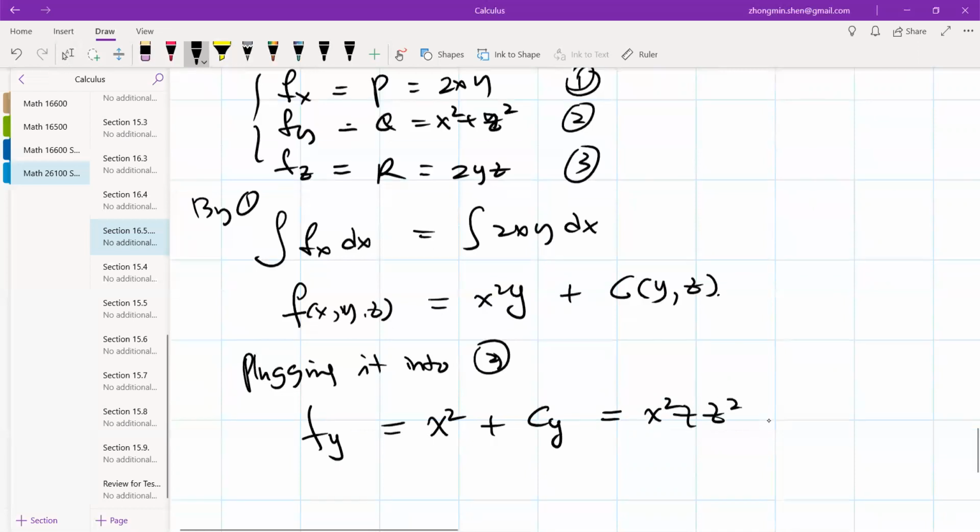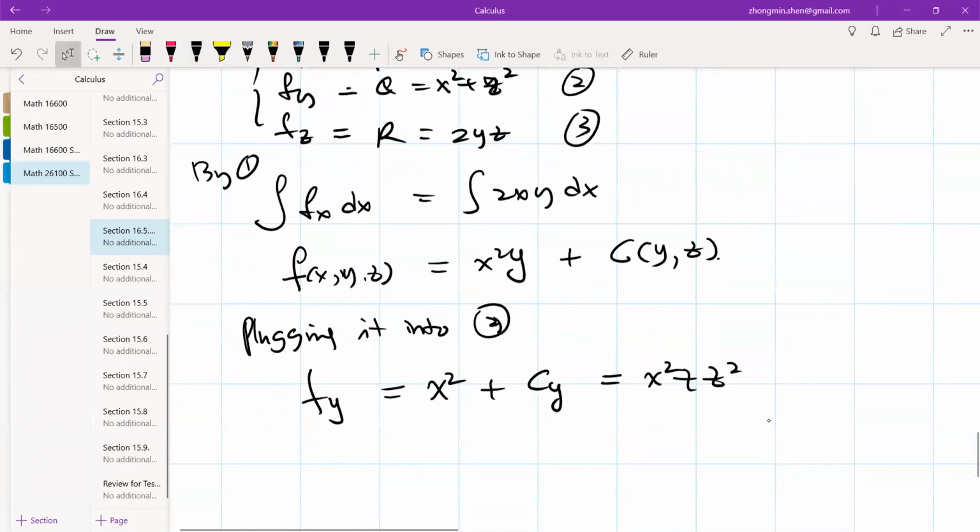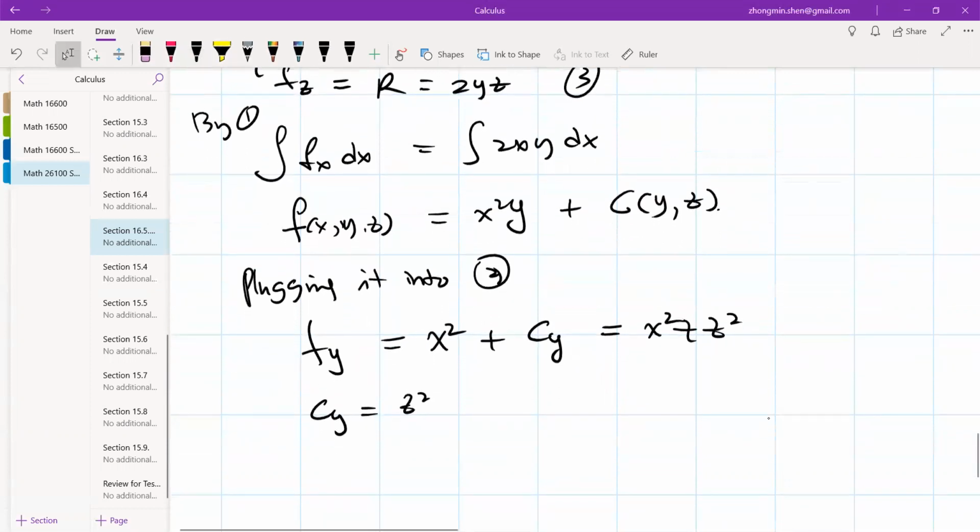Great. So c sub y is going to be z squared. Let's solve for c. Integrate both sides with respect to y.